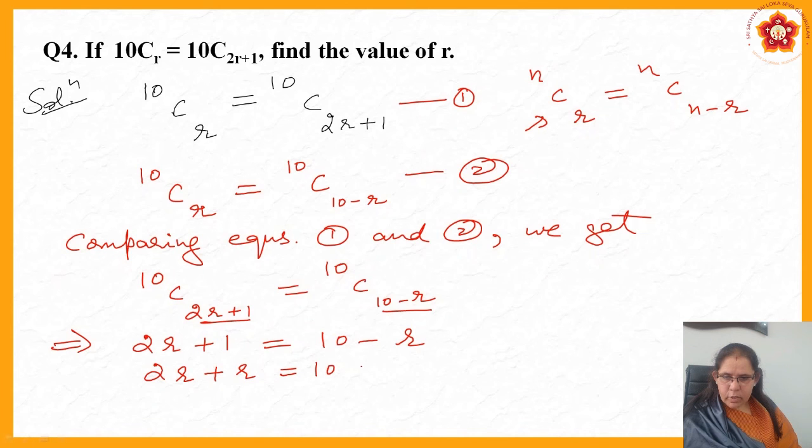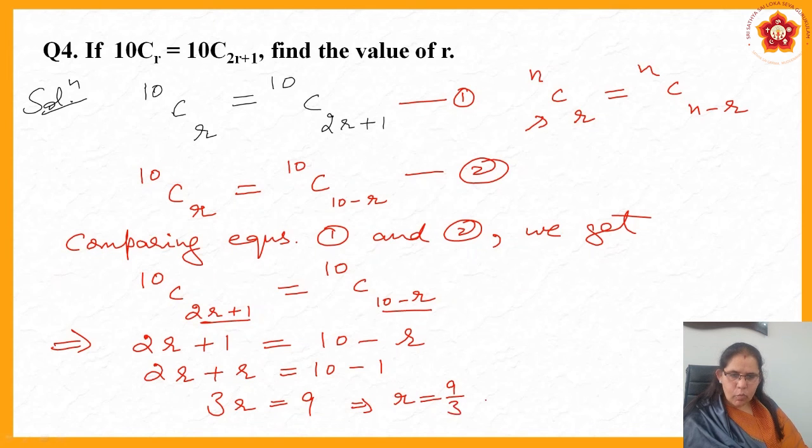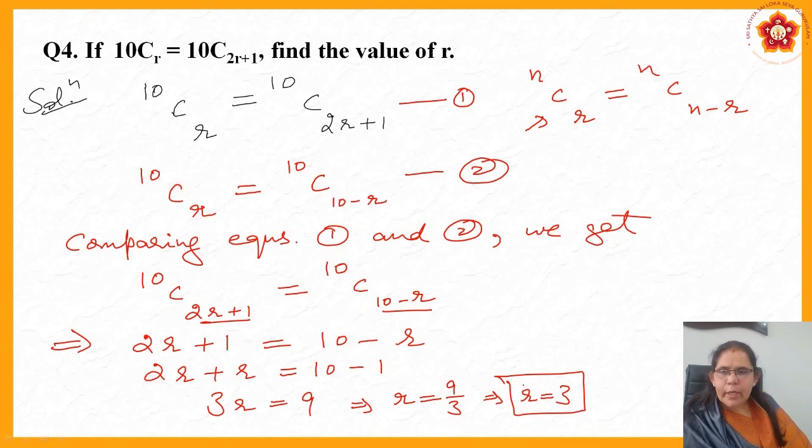Now let's solve it. Bring R to the same side and minus 1 will come here. So we get 3R is equal to 9. And if 3R is equal to 9, what will be R? R will be 9 by 3, or we can say R is equal to 3. So what is the value of R in this question? Value of R is 3.